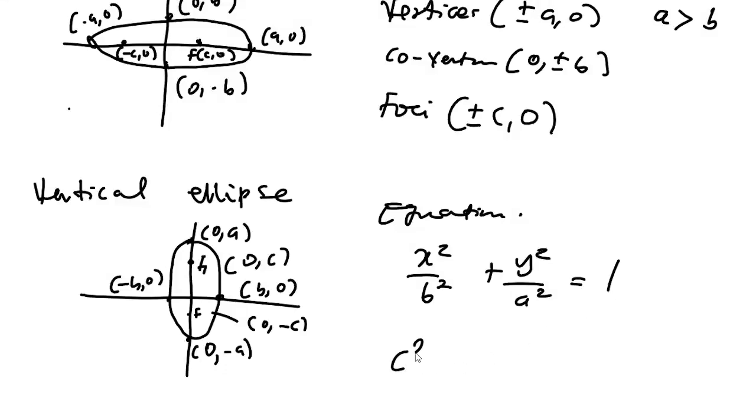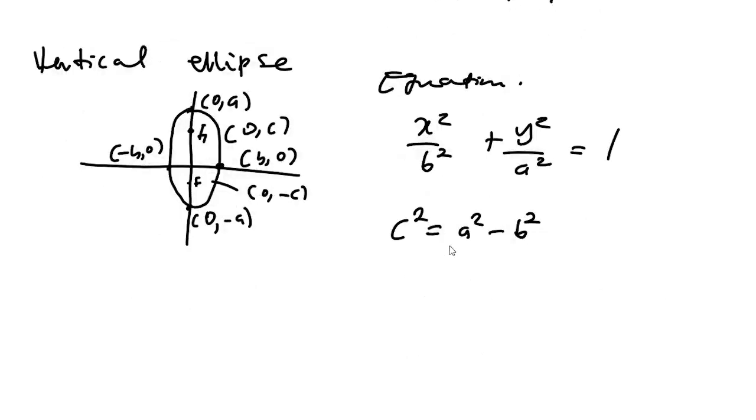And c squared should be equal to a squared minus b squared. Now, in this case, looking at the diagram, you can see clearly that when it's the vertical ellipse, we have our vertices being what?